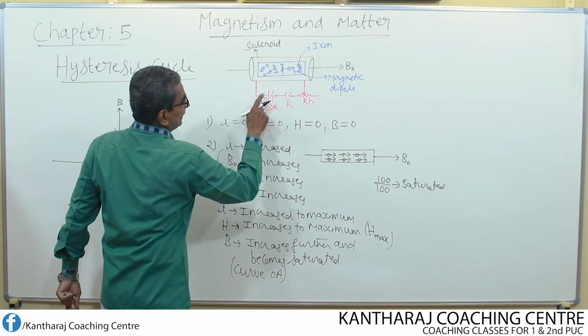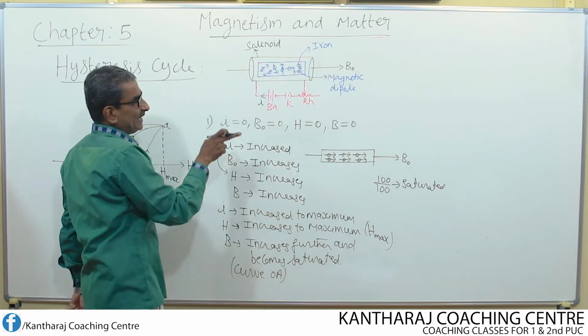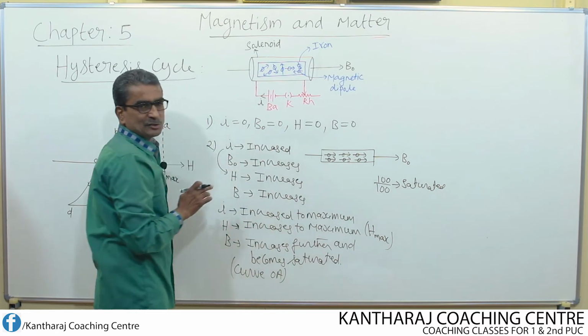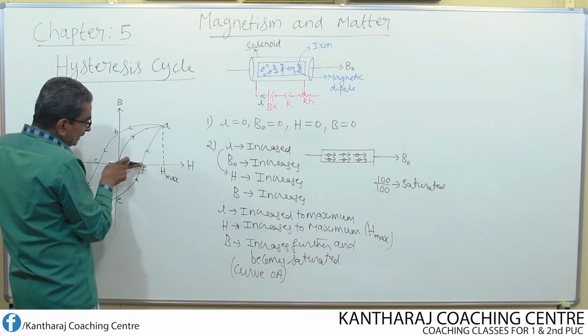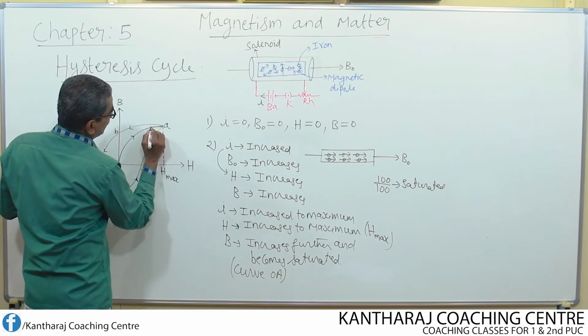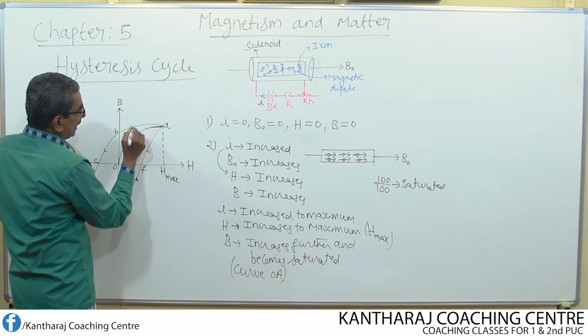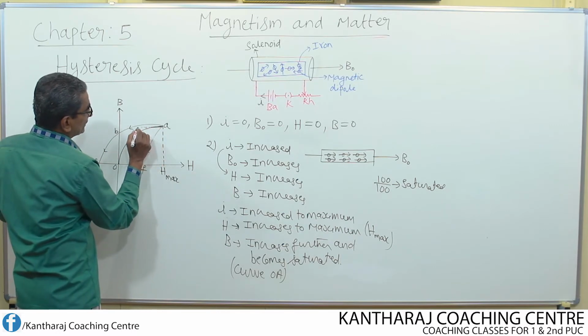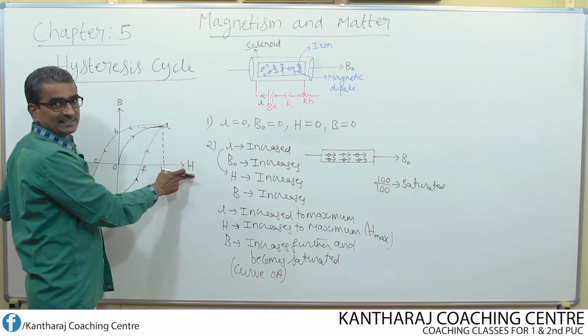When we pass the current in this direction, B naught will be in this direction, thereby H also remains in the same direction. Even though H continues to increase, what is happening to the curve? At this stage, this portion of the curve is almost parallel to the H axis, that means the X axis.